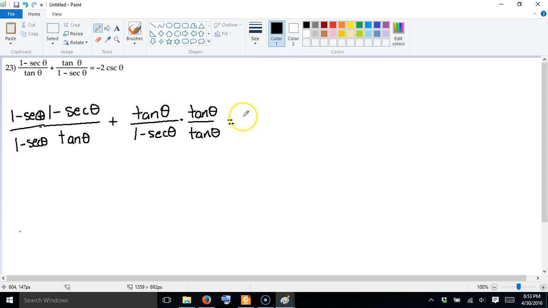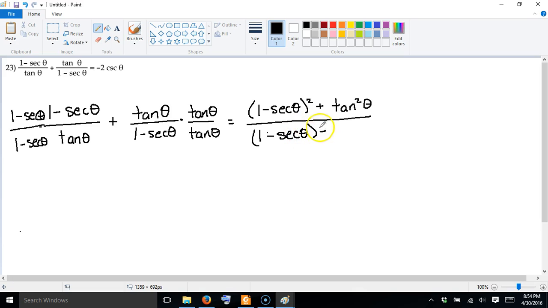What we get here is 1 minus secant theta squared plus tangent squared, all over 1 minus secant theta tangent theta, and the same here.